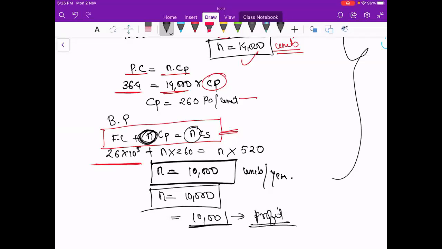In both we are using N. Yes, this industry is in profit.